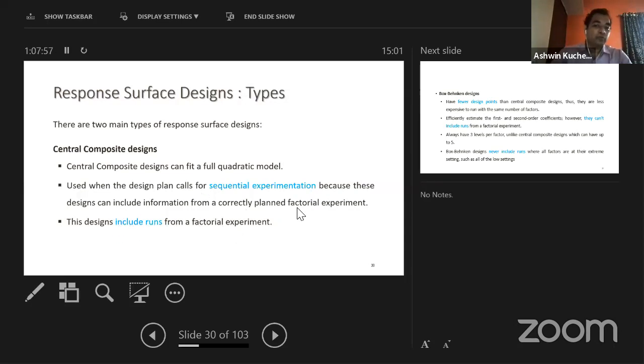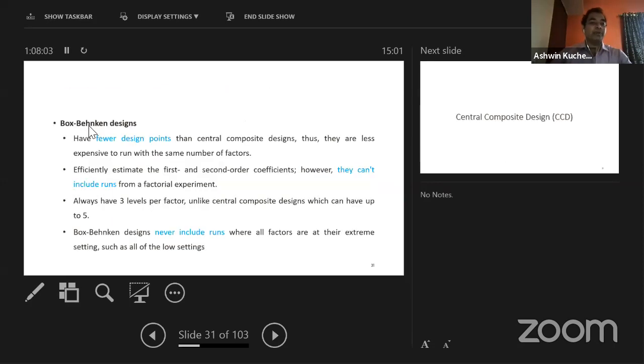Now we will see what types of factorial designs there are and how these factorial designs are included in central composite designs. The second type of response surface design is a Box-Behnken design. It has fewer design points than the central composite design, because this also covers three factors or even more, but has a smaller number of runs, because it doesn't include the factorial experiment.